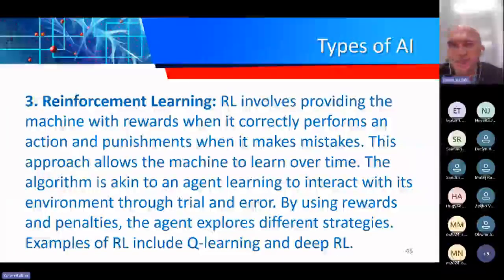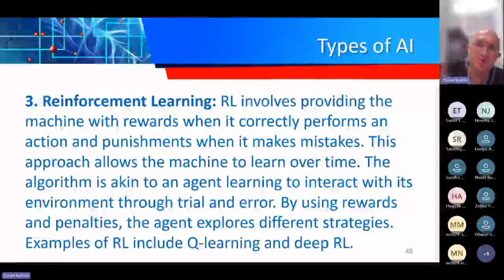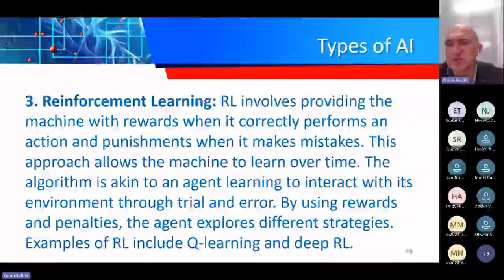Next, and the most recent one we can say, is reinforcement learning. Here, the algorithm gets some kind of reward when it correctly performs, and punishment when it makes mistakes.